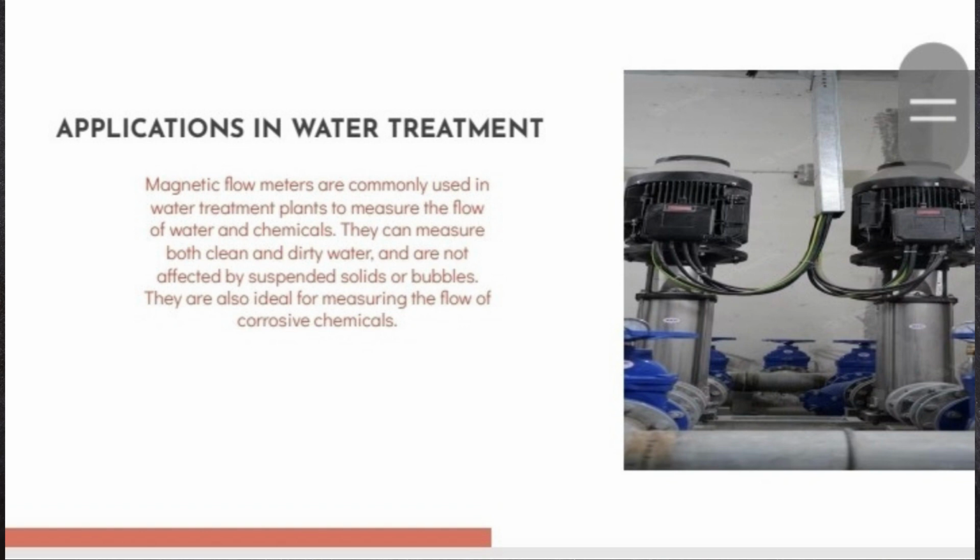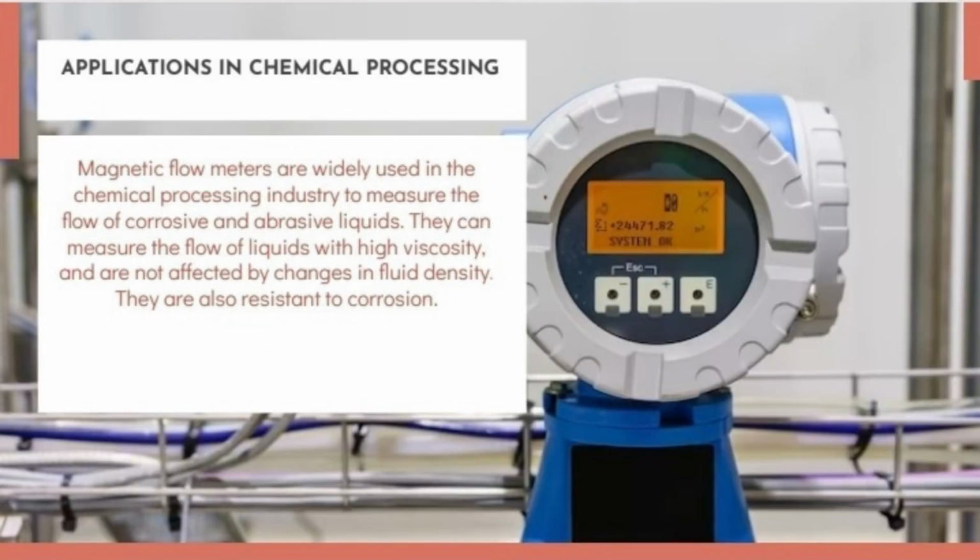The measurement taken by the meters is independent of viscosity, density, temperature, and pressure. The range of such meters may be a ratio of 3:1, but normally a 20:1 range is accepted.